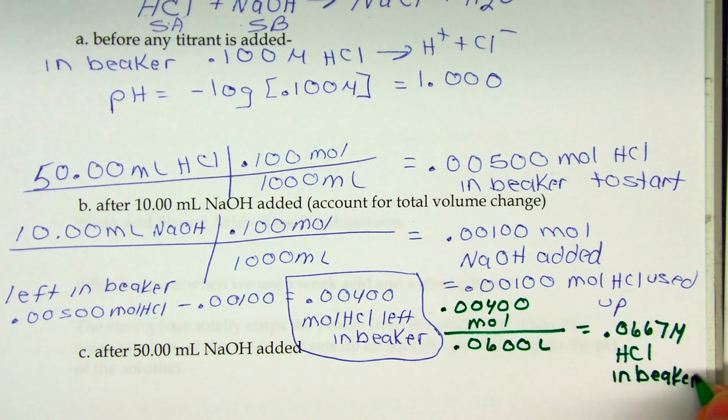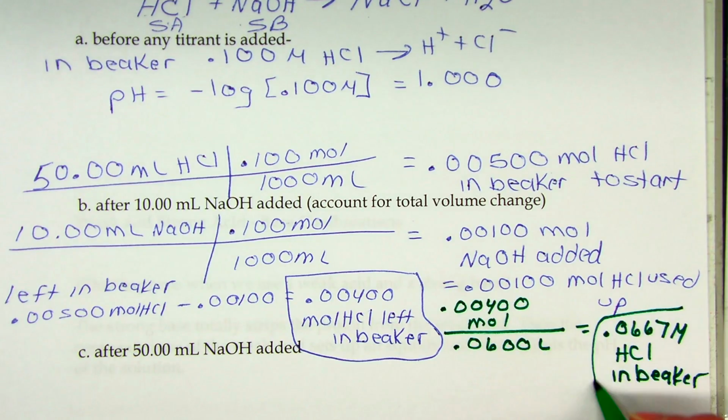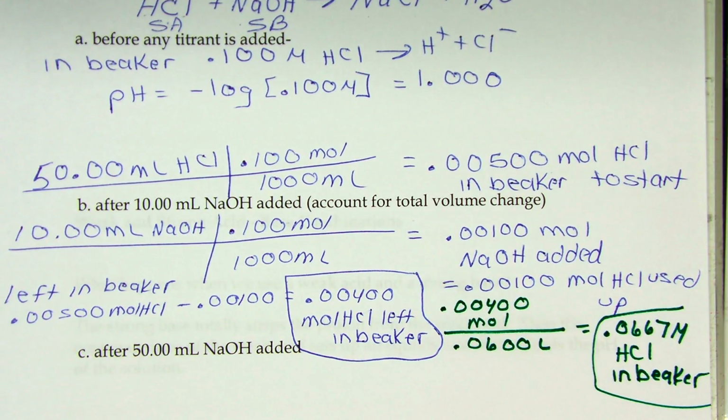Now, this is important that everybody understands how I got there. I looked at the moles of each thing added. One of them got used up. That's Chem 111, Chapter 3, Limiting Reactant Problems. Now I calculated the molarity of what's left.